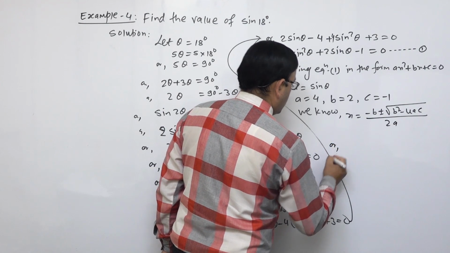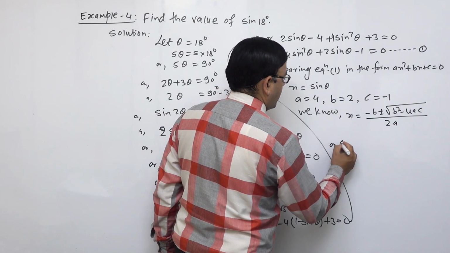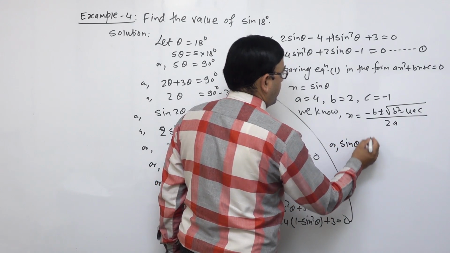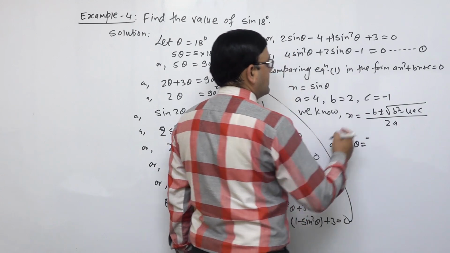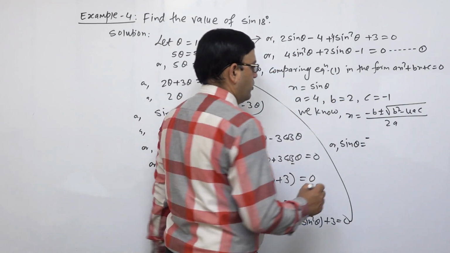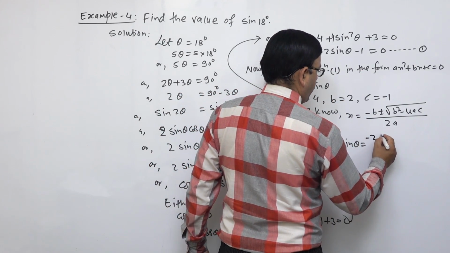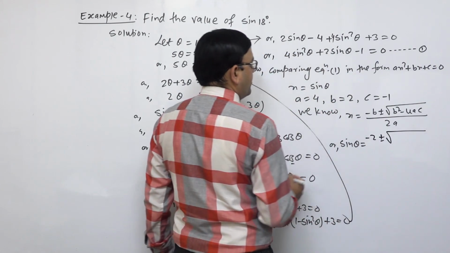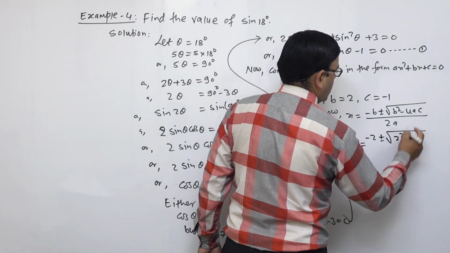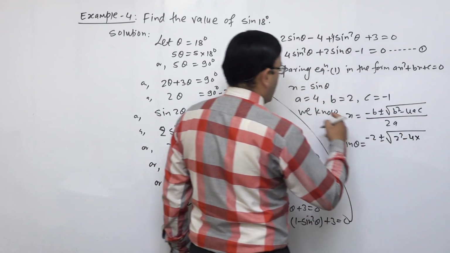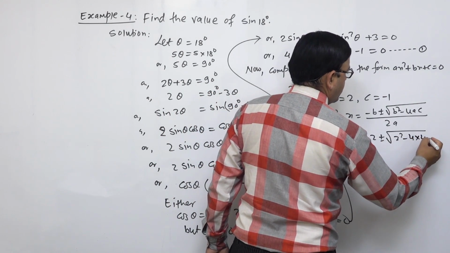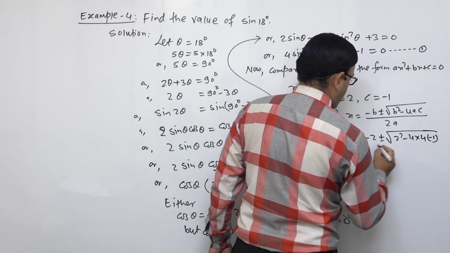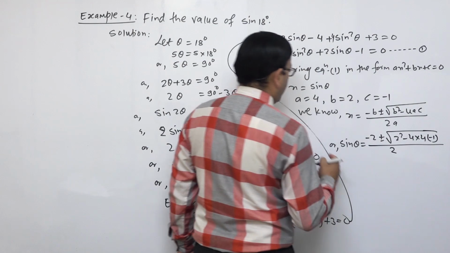Instead of x we can write sin theta is equal to minus b, b is 2, so minus 2 plus minus root under b square, 2 square, minus 4 times a, which is 4, times c, which is minus 1, whole by 2 times a, which is 4.